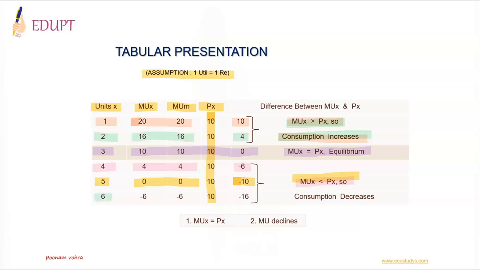By consuming the sixth unit, marginal utility further declines and is now negative. By comparing it with price, it is now -16.